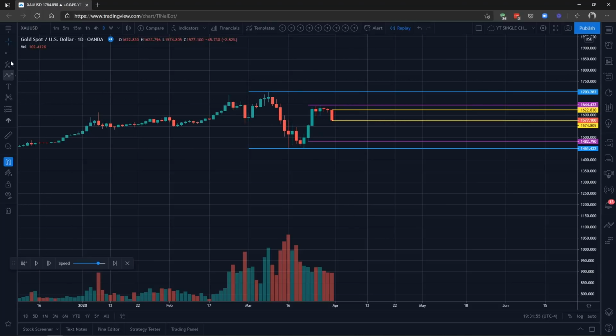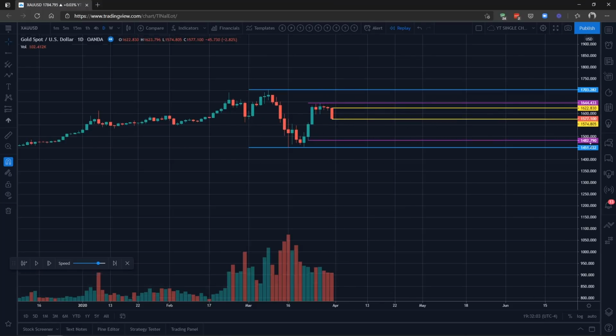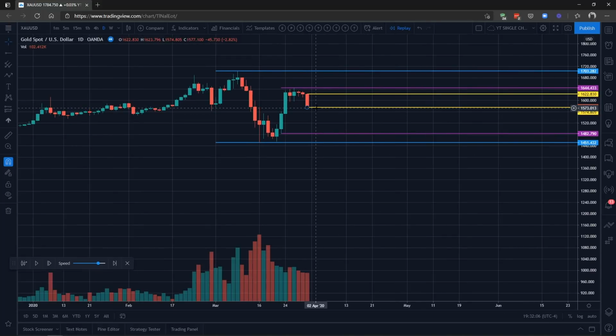Same kind of idea applies here. We've now identified the range from the week, and we've identified the prior day high and the low. And how you can use this information is basically as such. If we can close below this daily low, this prior day's low, then we can look to target a move back down towards the bottom end of that range, 1480s.